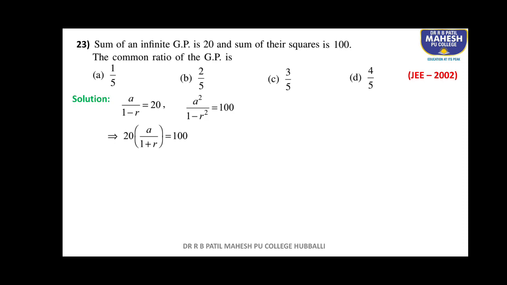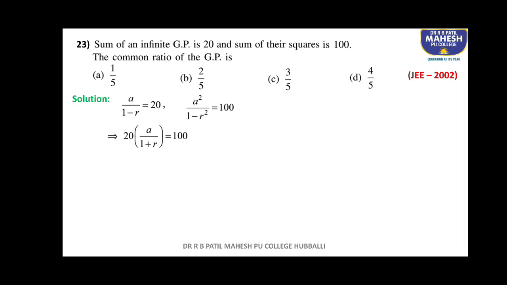Now I am going to divide these two terms, that is the second term divided by the first term. After cancelling, A square divided by 1 minus R square is in the numerator part and A divided by 1 minus R is in the denominator part.